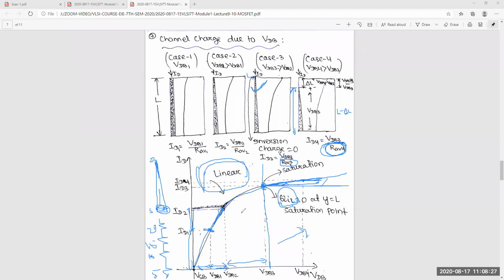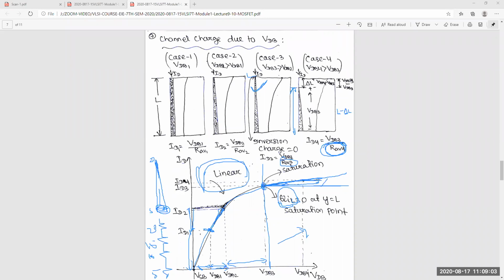Sir, if I am increasing VDS much higher than VDS saturation, is the current going to increase after this constant saturation curve? It is slowly increasing after the saturation.